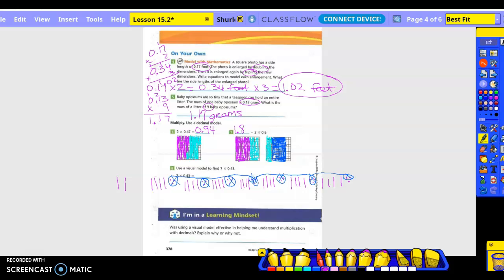Now, how many longs do I have to make a flat? 10. So I can use these new ones I made too, right? Okay. So here's 2, here's 4, so 6, and here's 4 more, so is that 10? Yeah. So then I'm going to cross those off, saying I already used them, and make a new long, right?